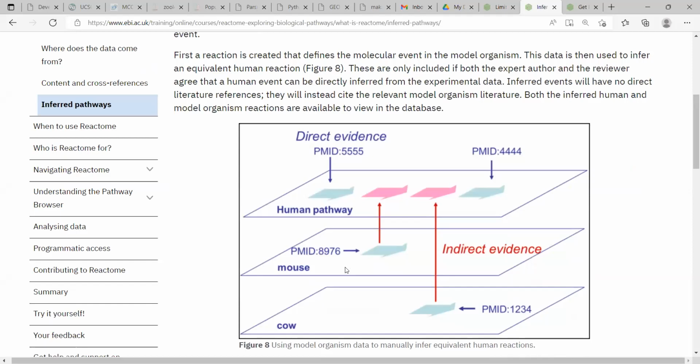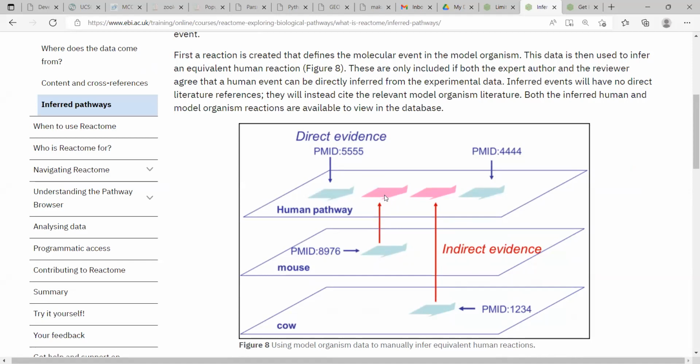Now, from mouse or from cow, you may find that this same reaction is going on in the case of mouse. Similarly, in cow, this same reaction is going on. So these are indirect evidence that maybe this reaction is controlled or regulated by the same group of molecules which are present in the human pathway.